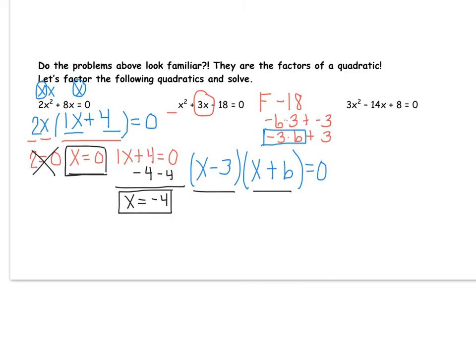I set them each equal to 0. x minus 3 equals 0. x plus 6 equals 0. And now I solve them both. I add 3. x equals 3.